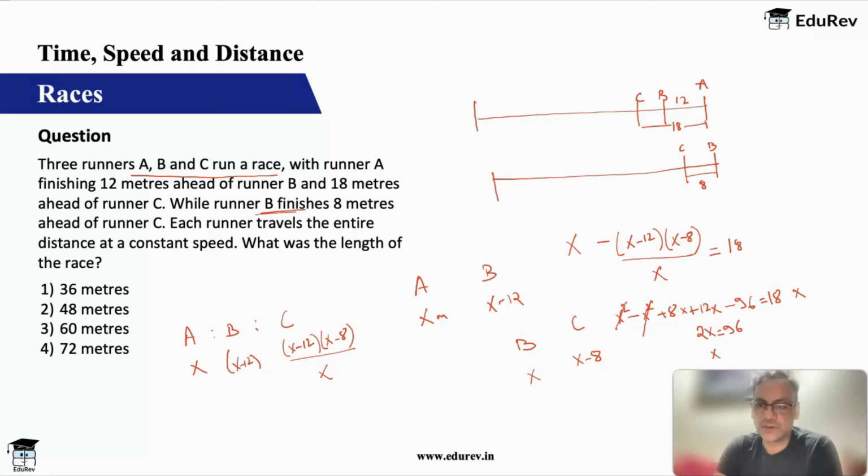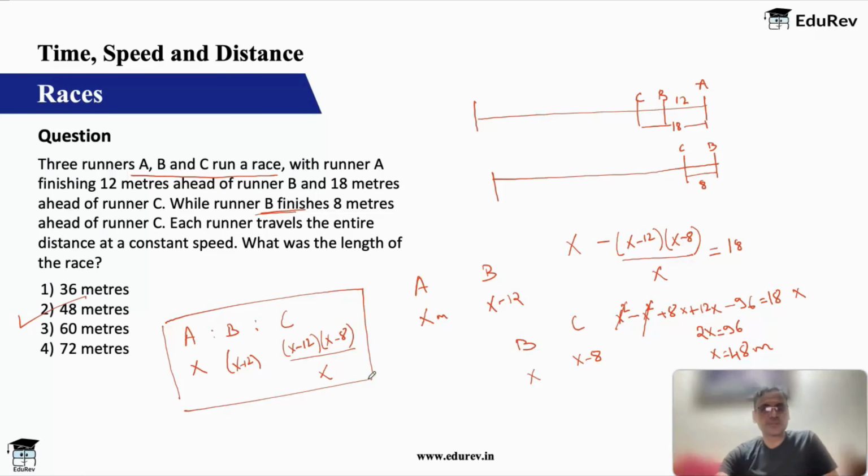So x is equal to 48. The track is 48 meters. So your answer is second choice. So this is exactly same as what we had done earlier. The only thing is earlier we were finding x minus c. Here c is given to us and instead we are finding x.